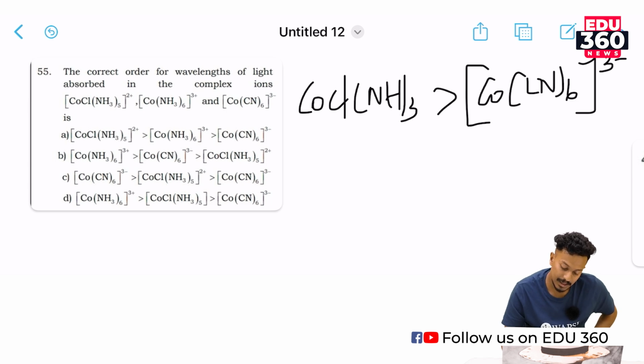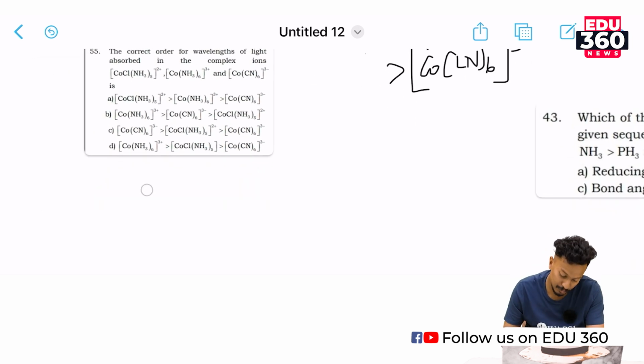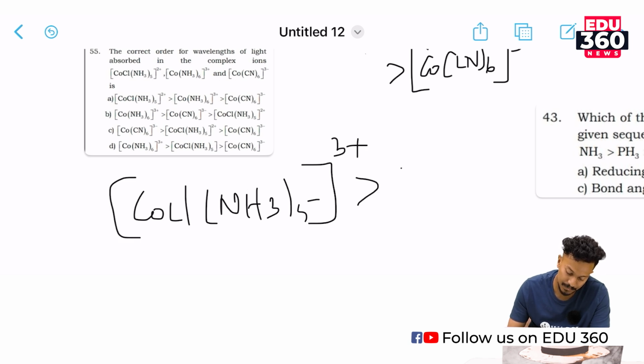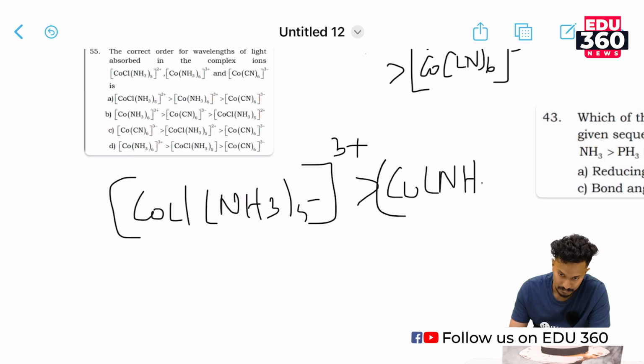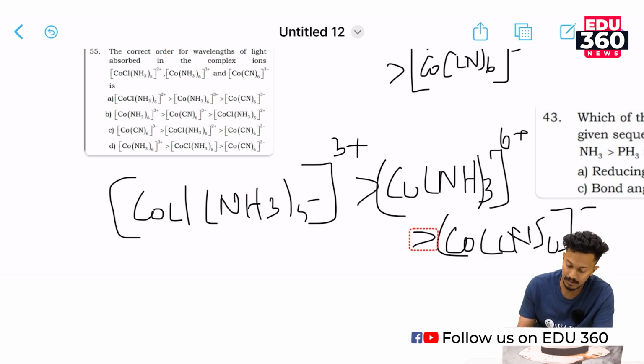So [CoCl(NH3)5]2+ first, and then comes [Co(NH3)6]3+, then lastly [Co(CN)6]3-.